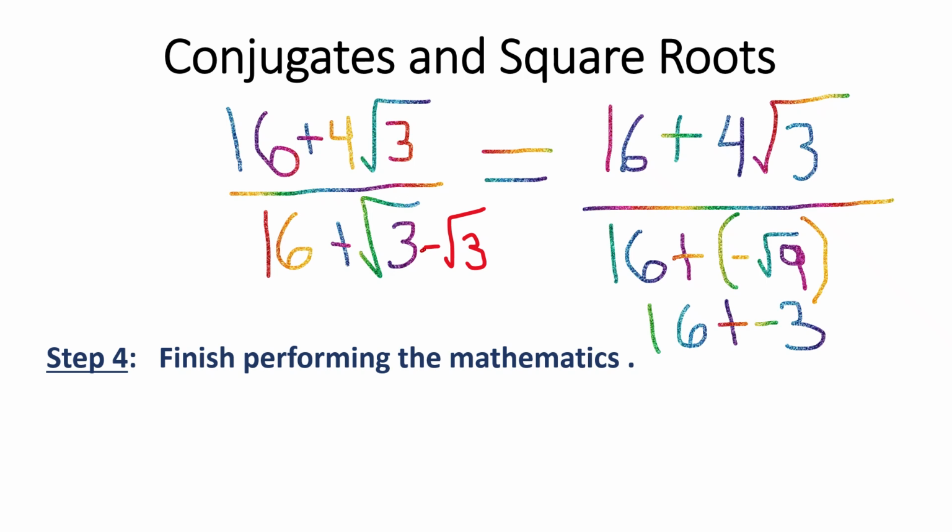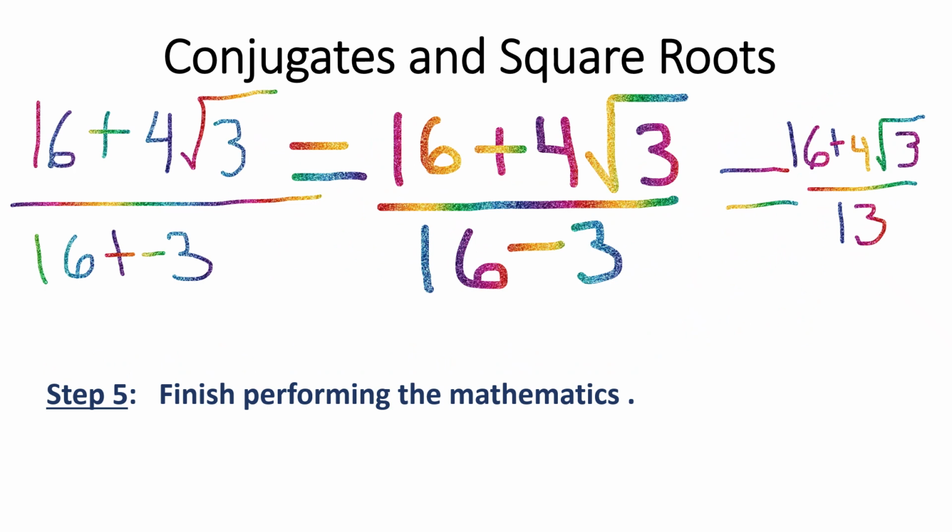You FOILed it. It's a 9, negative 9. 16 minus 3 is what? 13. That's your answer. 16 plus 4 radical minus 13.